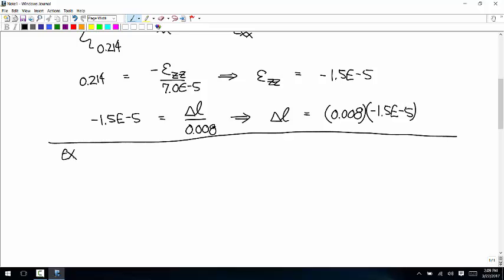The next exam is on Friday, the 31st, and that is everything up through internal loads and beams.